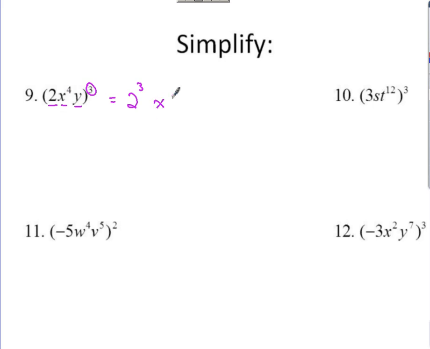Power to power, you got to multiply, so it's x to the 12th. Got y, technically the first here, raised to a power of 3, so that's y to the 3rd. Now, normally the stuff I can calculate out, I will do so. So 2 cubed, we know that's 8. I can conclude then my answer is 8x to the 12th, y to the 3rd.